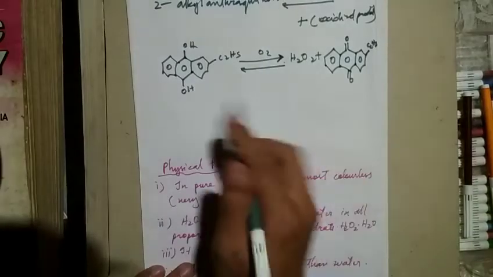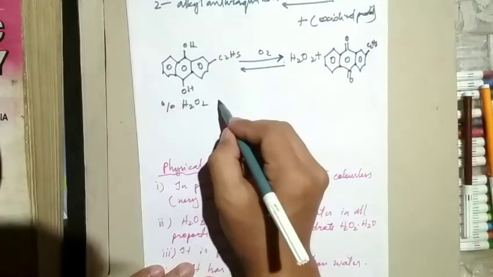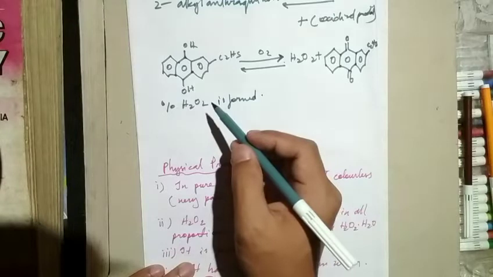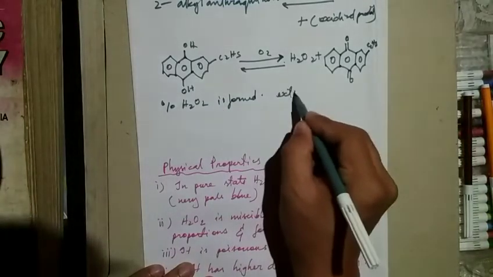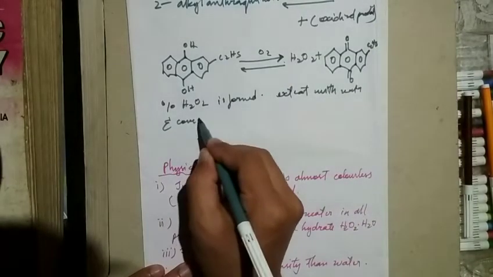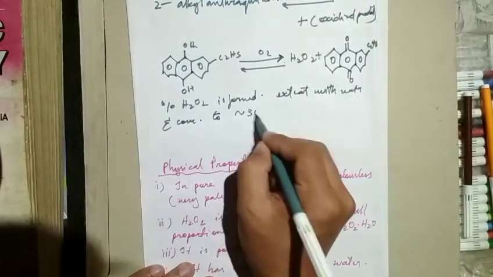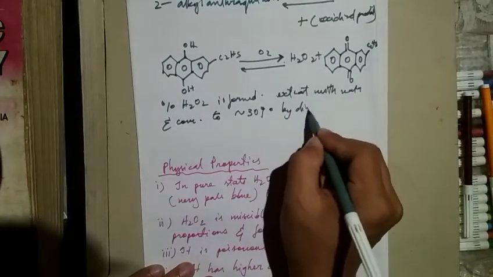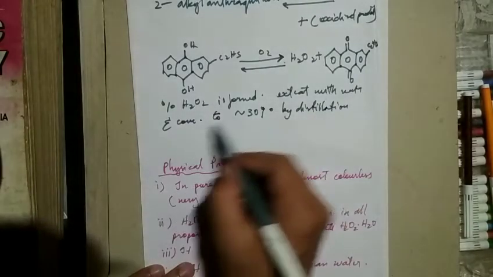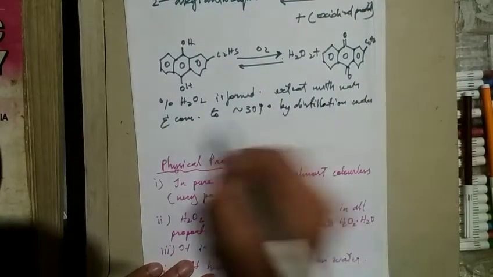In this case you will get 1% H2O2. However, you can extract H2O2 with water and concentrate it, I'm writing in short form, to about 30% by distillation under reduced pressure.